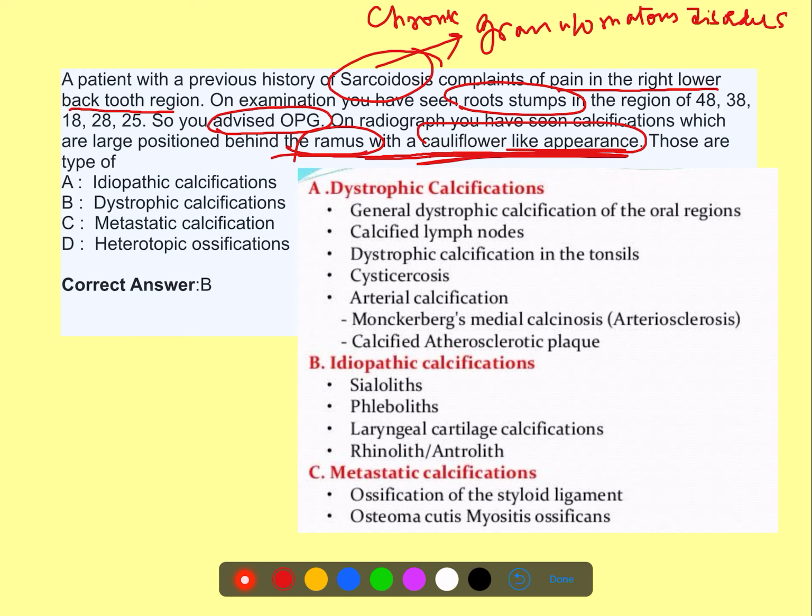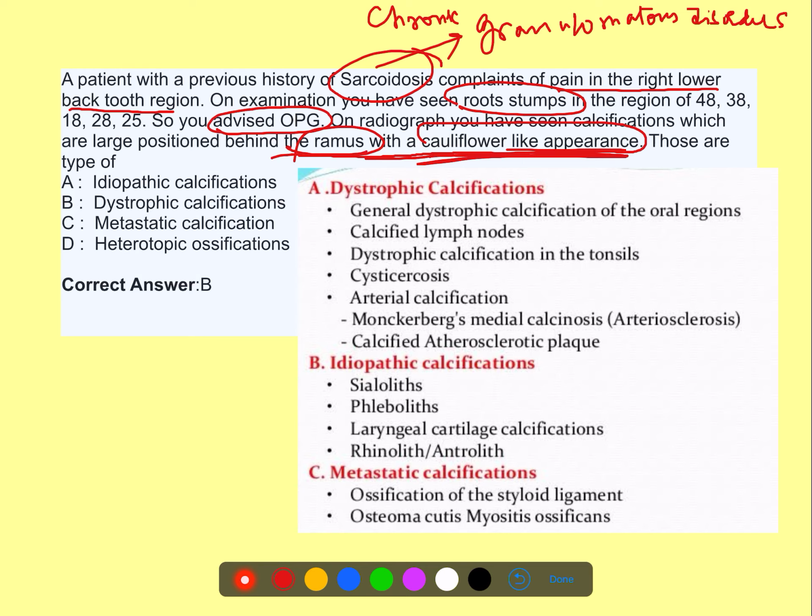So the lymph nodes are calcified, and incidentally you have seen the lymph node calcifications in the OPG. Lymph node calcifications are a type of dystrophic calcification. So you have to know what type of soft tissue calcification it is and under which classification it comes. Lymph node calcification is a dystrophic calcification.